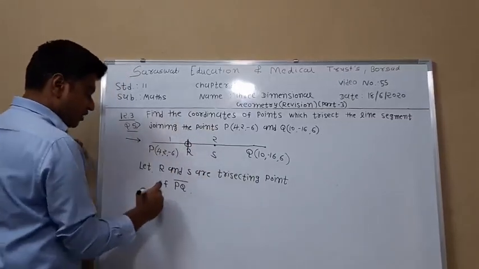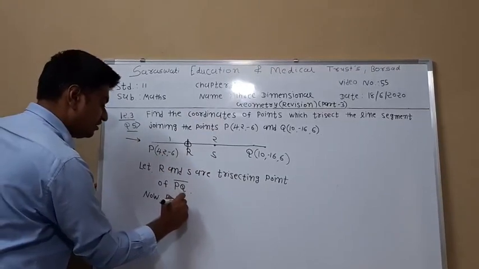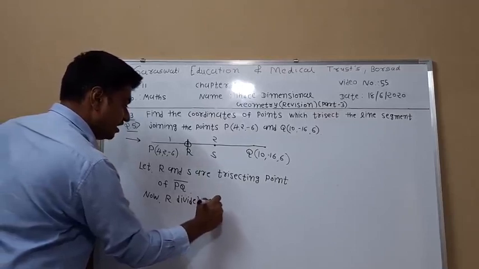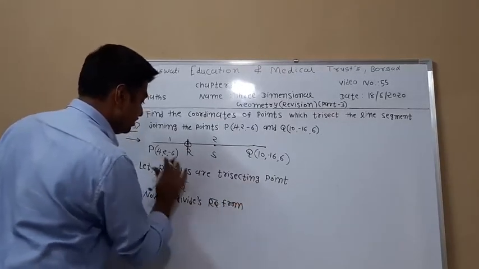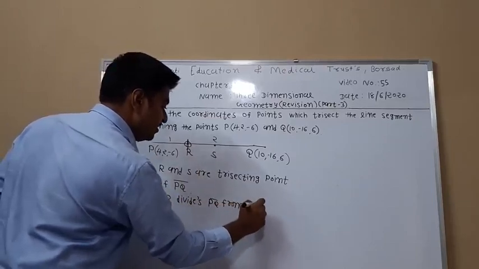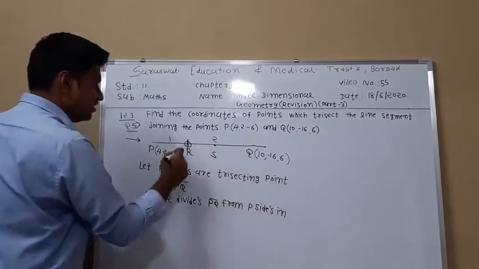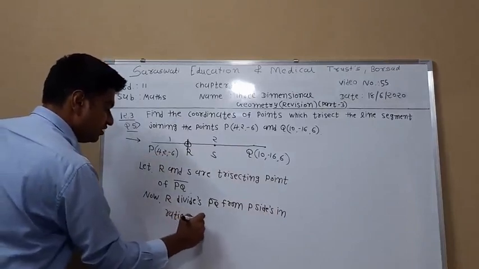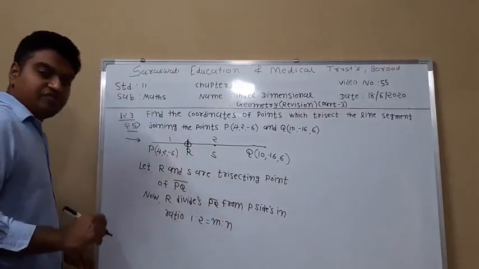Okay. So now R divides line segment PQ from the P side in the ratio 1:2, which is equal to m:n.